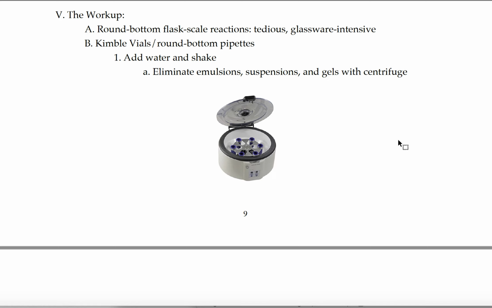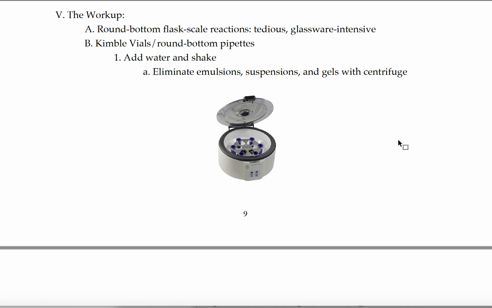The workup. Okay, round bottom flask reactions, tedious, glassware intensive. Let me describe what you do. You have a reaction in a round bottom flask. You quench it. Next thing you know, you pour it into a sep funnel, and then you add some extraction solvent. You shake the sep funnel, and you drain off the aqueous, then drain off the organic.